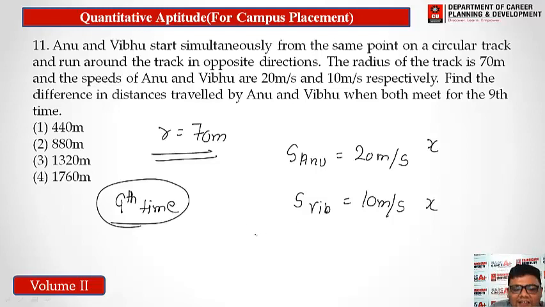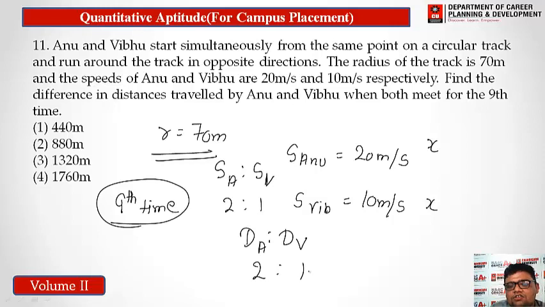So the ratio of distance traveled by Anu and distance traveled by Vibhu is the same as the ratio of the speed of Anu and speed of Vibhu, right? So the speed is in the ratio of 2:1, then the distance traveled will also be in the ratio of 2:1.